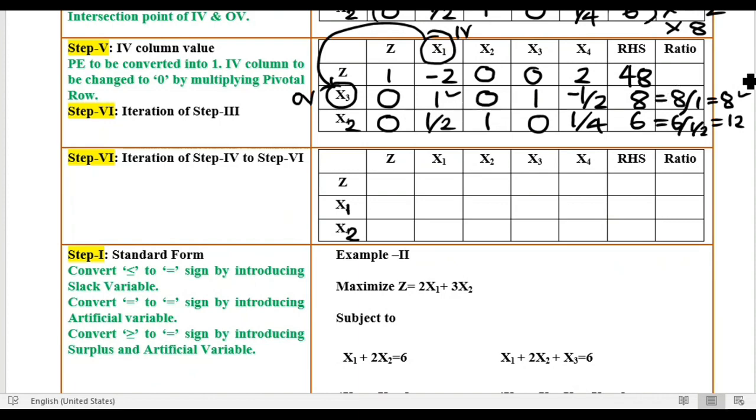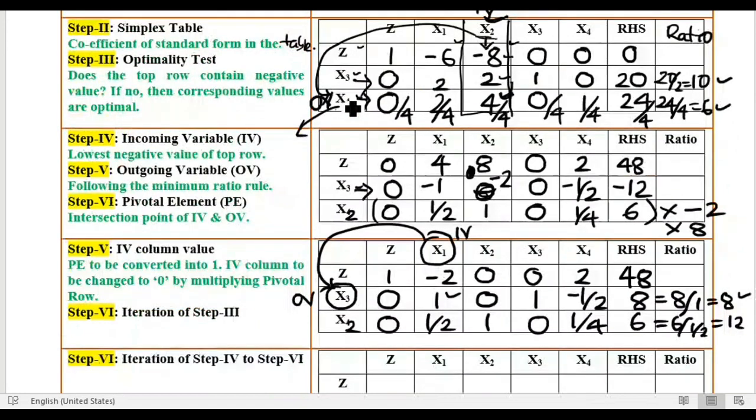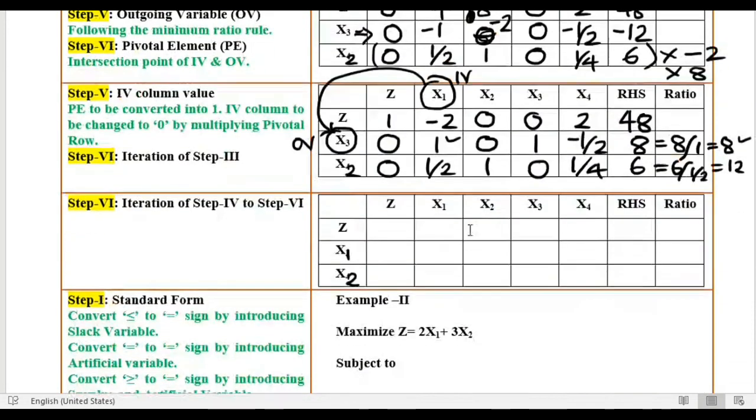We don't have to divide, like in the previous one where we divided with 4 in order to make the pivotal element equal to 1. Here this one is already 1, so we'll write as it is. That is, we'll write the pivotal row this way: 0, 1, 0, 1, minus 1 by 2, and then 8.